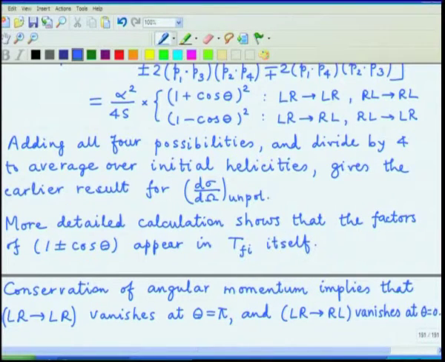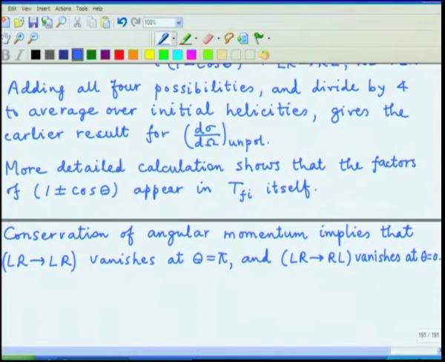The experimental polarizations are not perfect, and in that case one has to include these various terms with appropriate weight factors.